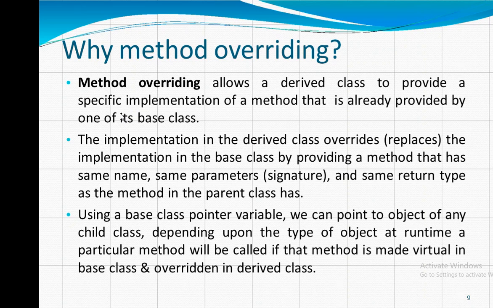The implementation in the derived class overrides, or replaces, the implementation of the base class for methods having the same name and the same signature. Using a base class pointer variable, we can point to the object of any child class, and depending upon the type of object, a particular method will be called at runtime.